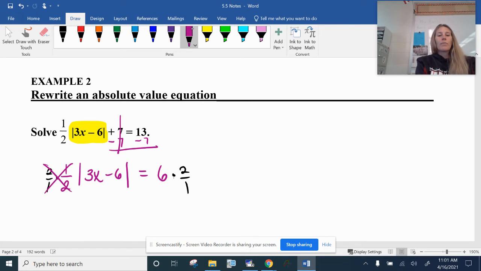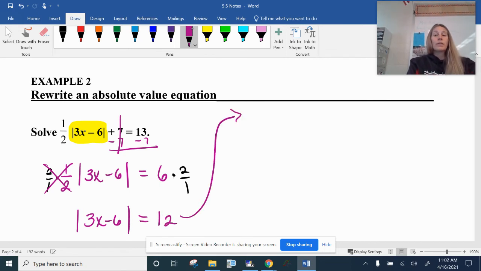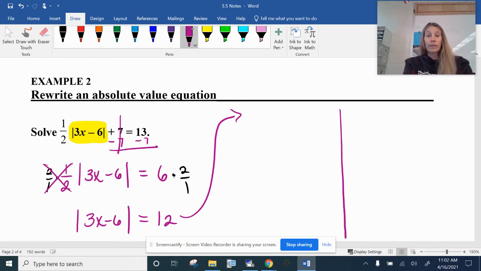That would get my absolute value bars completely alone, the 3x minus 6, and on the other side I have a 12. Okay, so now at this point, I want to find out what x is equal to. Just like we did previously, we're going to take what's inside those absolute values, and we know that the 3x minus 6 is equal to 12.